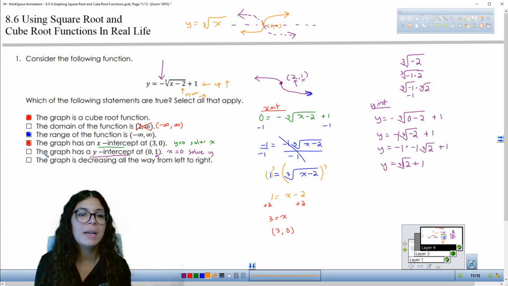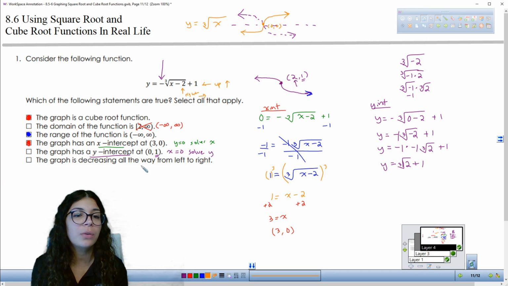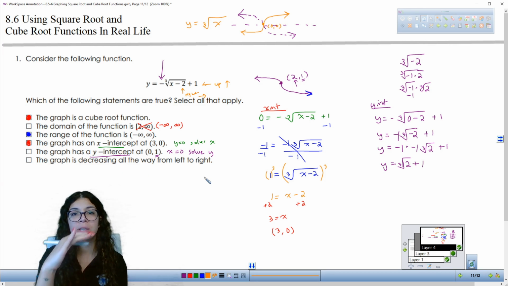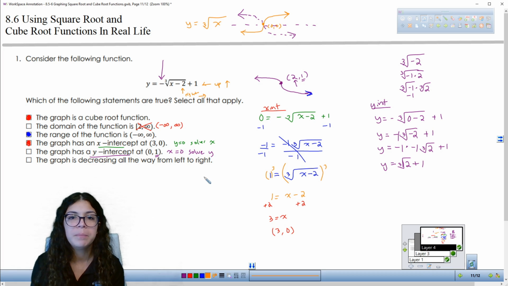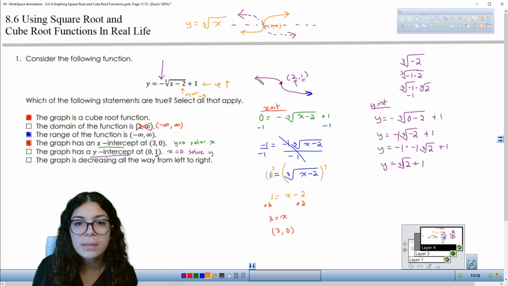All right, the last one says the graph is decreasing all the way from left to right. Remember, decreasing just means that the y value is getting smaller and smaller. So looking at the y value, if I follow along with my pen, I do see this going down.